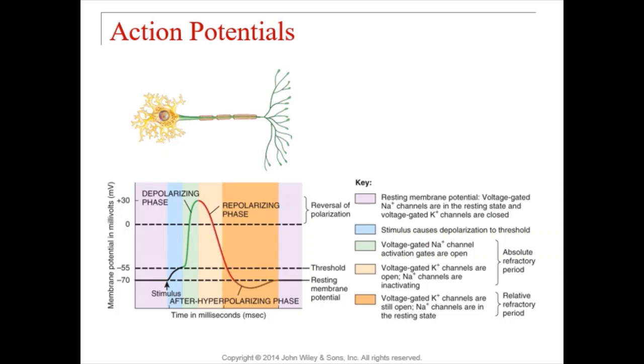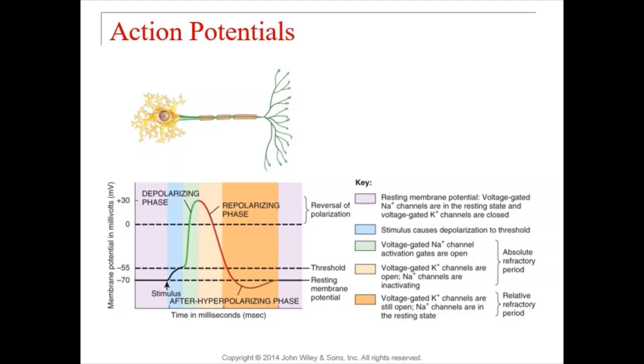Again, keep it simple. Depolarization is how the cell becomes positive on the inside of its plasma membrane by opening voltage-gated sodium channels and allowing sodium to rush into the cell. And the cell will become positive along the inside of its plasma membrane. And that pretty much makes the spark called the action potential.